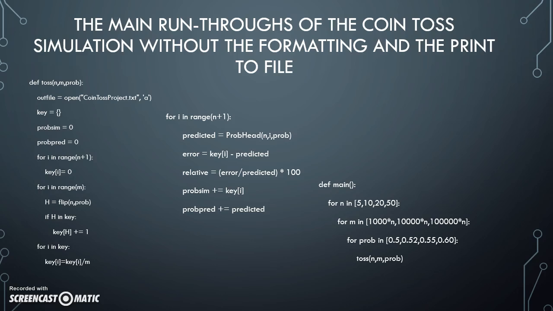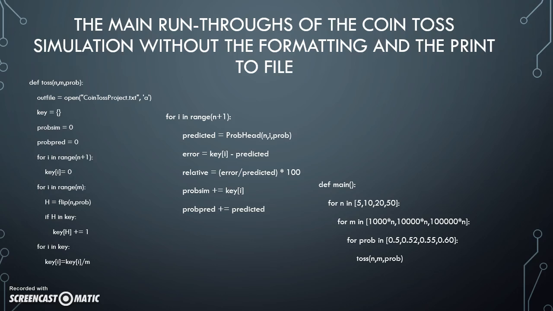The first for loop sets the keys at 0, so that even if a result didn't return, you would still get a 0 in your simulated results. And then the second for loop assigns a value from the flip. Each time you went through the number of tosses, it's going to tell you how many times you ended up with heads in that toss.